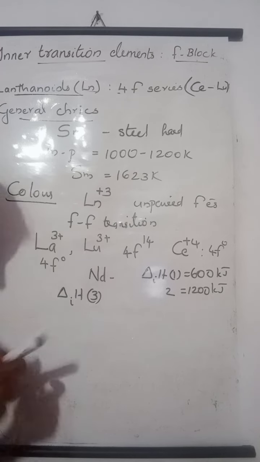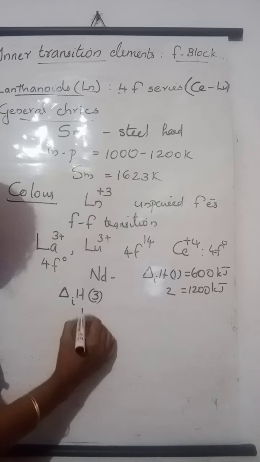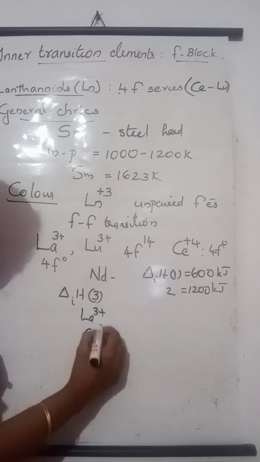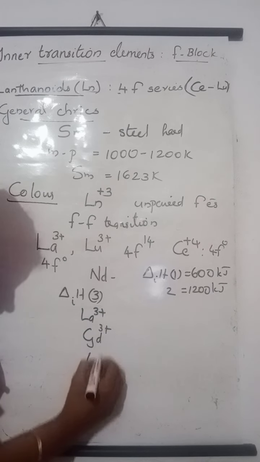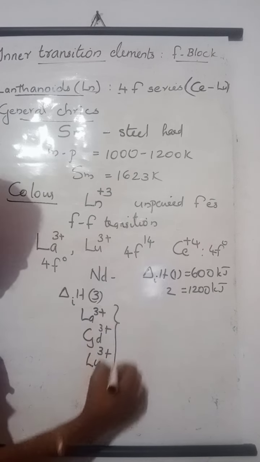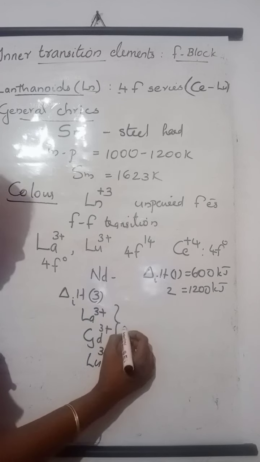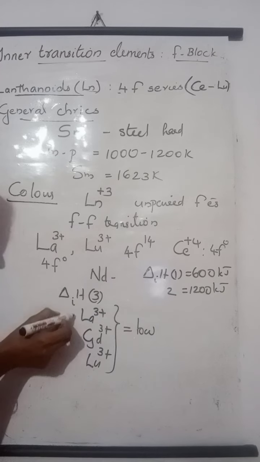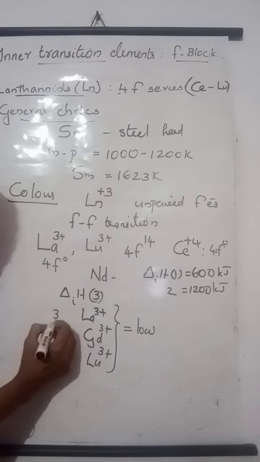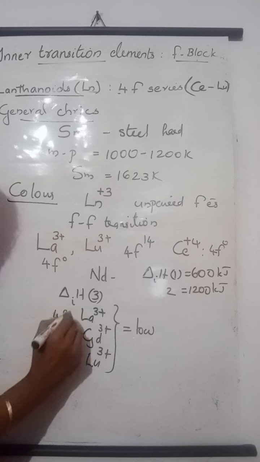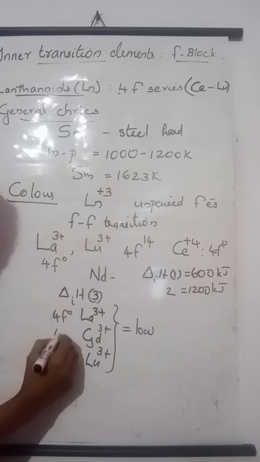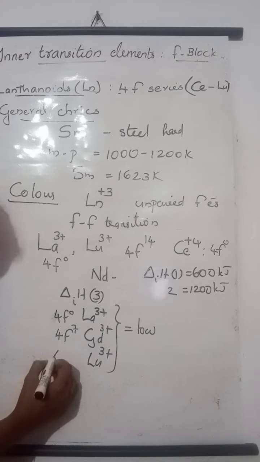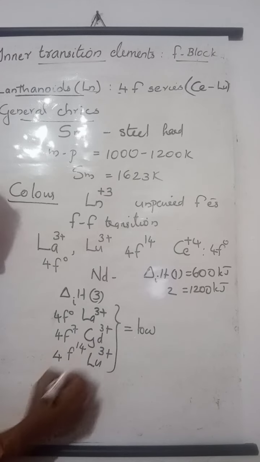Third ionization enthalpy of lanthanum 3+, gadolinium 3+, lutetium 3+. Third ionization enthalpy values for these ions are exceptionally low. This is because of their extra stability. Lanthanum 3+ has 4f0 configuration. Gadolinium 3+ has 4f7 configuration, half filled. Lutetium 3+ has 4f14, completely filled.